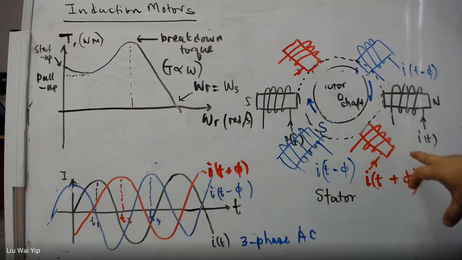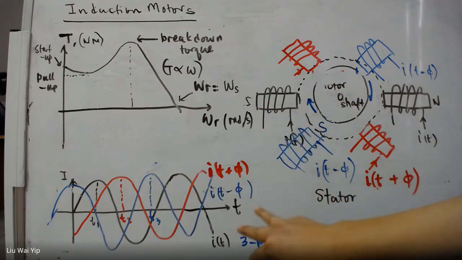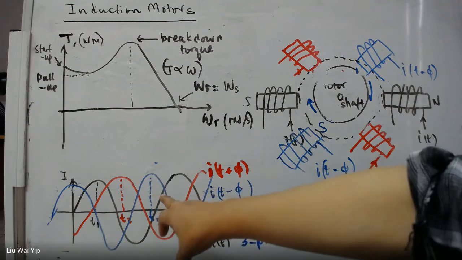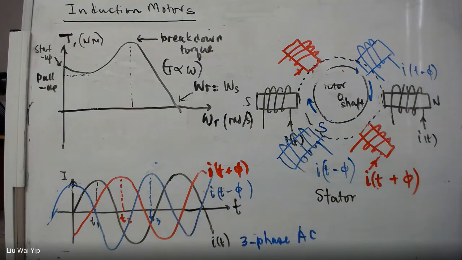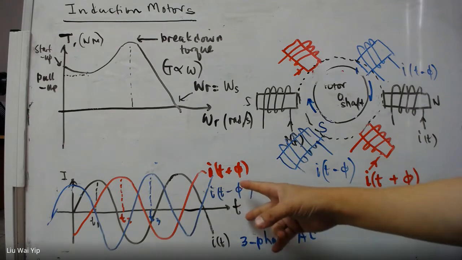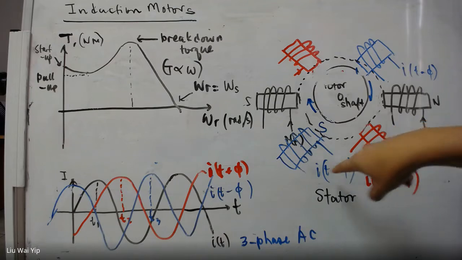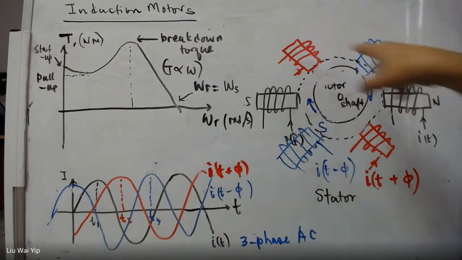And the stator is powered by a three-phase electricity, like what is demonstrated here. So with these three-phase electricities, or polyphase AC electricities, we will end up with a rotating magnetic field.